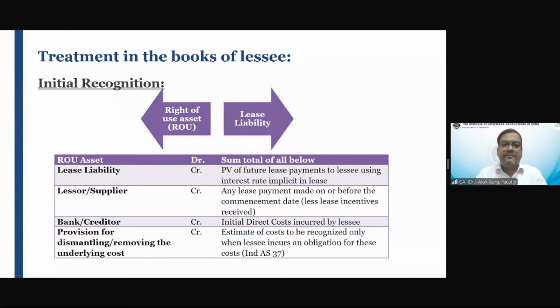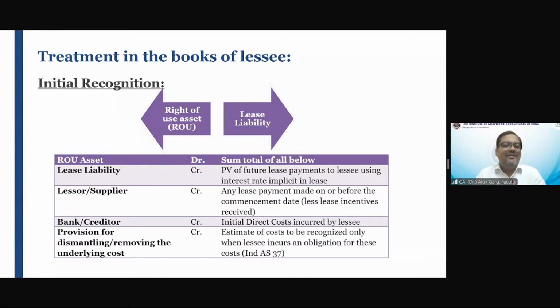Friends, this part, right of use asset, in our old accounting it was very simple. Rent account debit to bank account, or rent account debit to lessor account, lessor to bank. But in Ind AS 116, it is very complex.